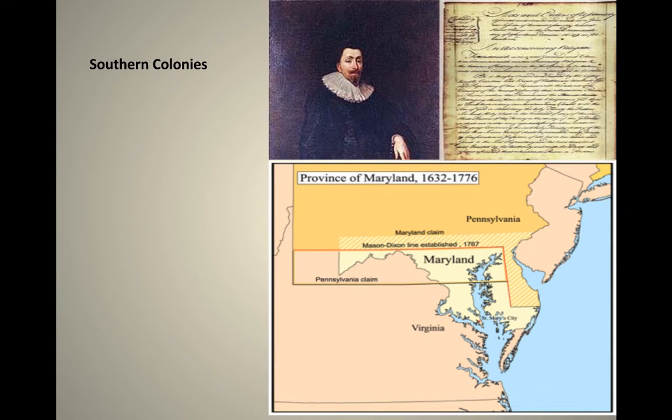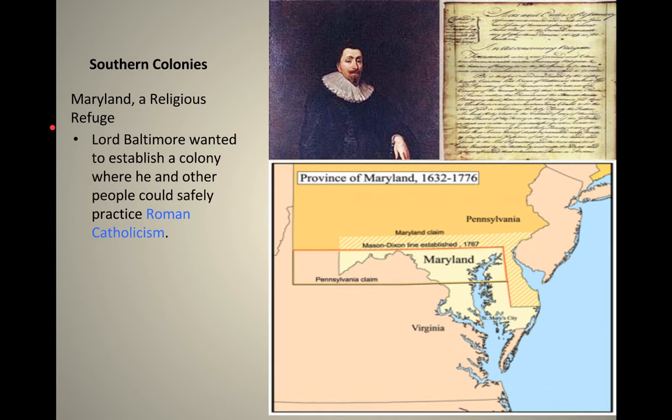So let's get right into it with the southern colonies. Maryland was a religious refuge. And a refuge means a place where people could feel safe. So this first question with Maryland, it was a religious refuge. More specifically, Lord Baltimore wanted to establish a colony where he and other people could safely practice Roman Catholicism. You've probably heard of the city of Baltimore in Maryland.